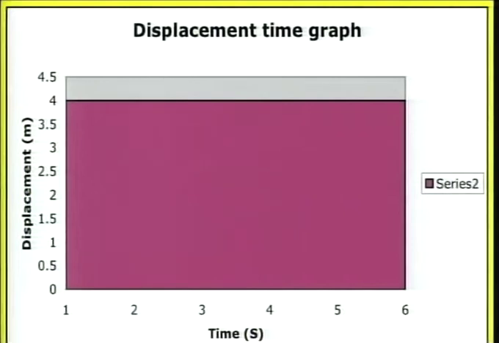You can have the vertical axis as the displacement and the horizontal axis having the time. Then the points on that graph.